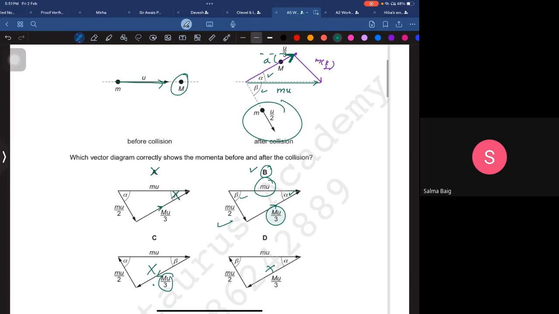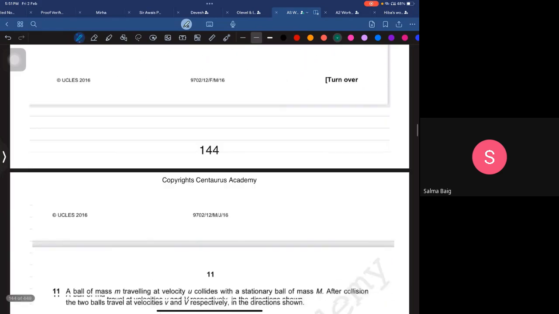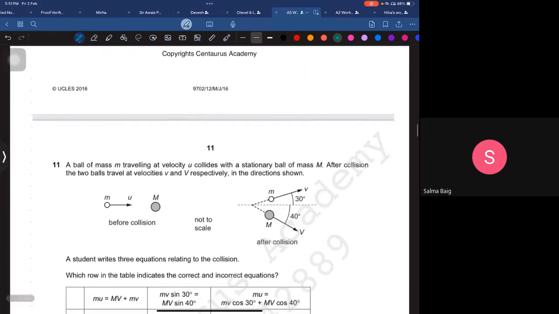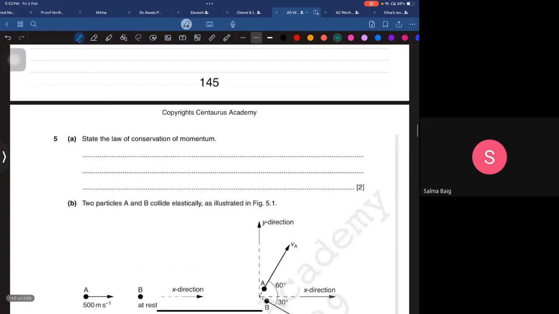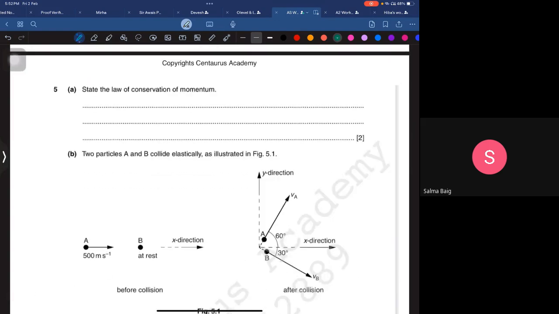All right. So now it's time for the next one. Let's see what you get. This one is pretty simple, you just need to make a horizontal and vertical equation. I'm going to leave this as homework for you. You can try this. And for this one, I think it's almost the same question that we just did.